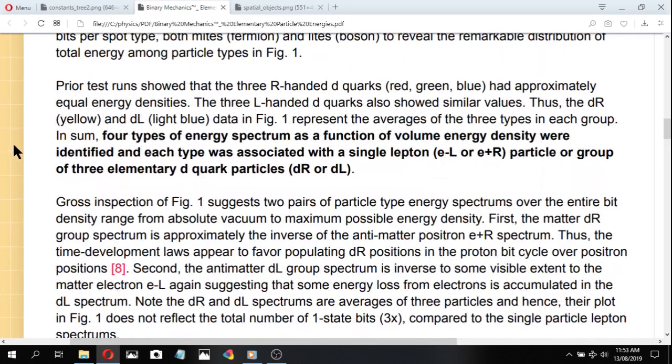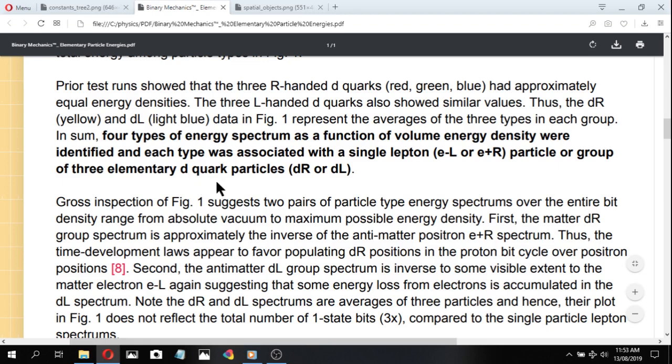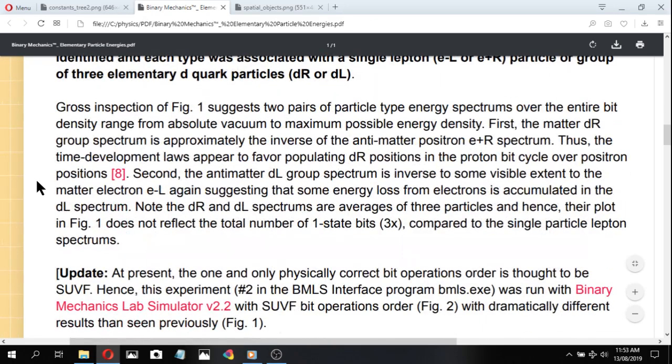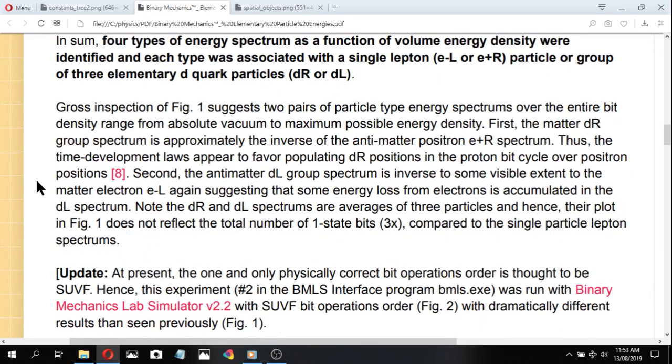In sum, four types of energy spectrum as a function of volume energy density were identified, and each type was associated with a single lepton, the left-handed electron or the right-handed positron particle, or group of three elementary d quark particles, Dr and Dl. Gross inspection of Figure 1 suggests two pairs of particle type energy spectrums over the entire bit density range from absolute vacuum to maximum possible energy density.